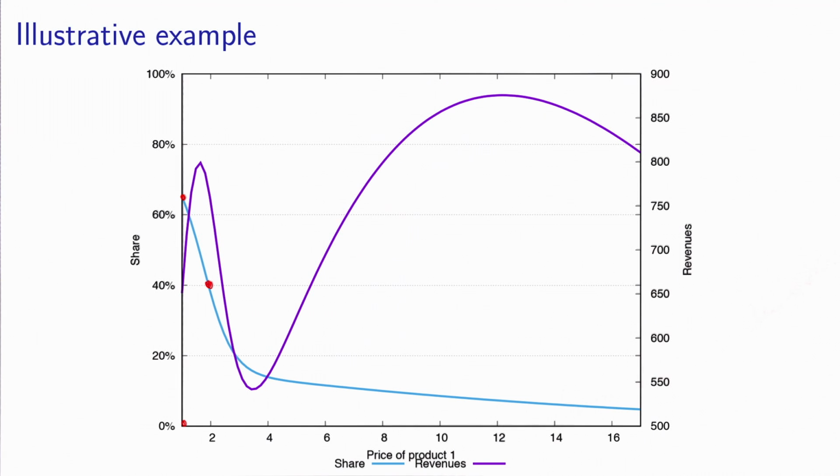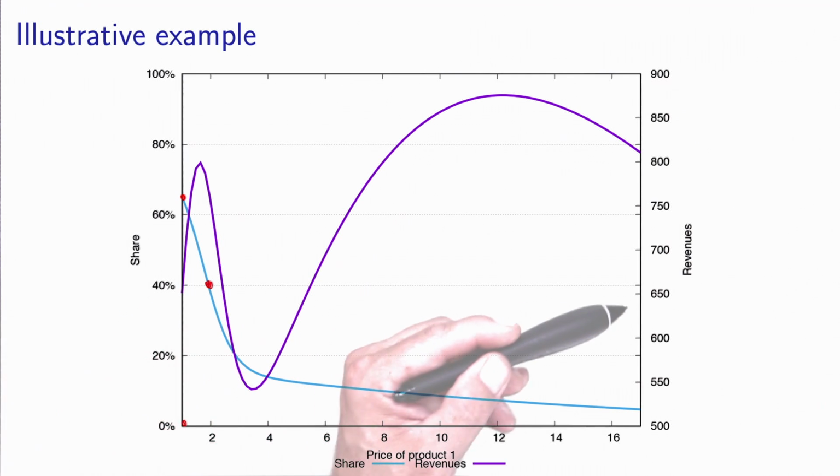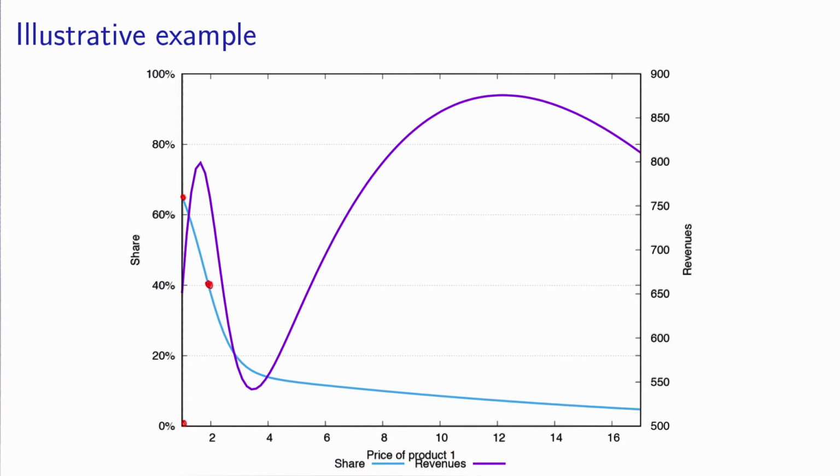The y-axis on the right represents the total revenues generated by each price reported on the x-axis. And you see an interesting phenomenon. If you sell your product at the price of 1, the revenue is about 650 francs, let's say. And then if you increase the price, you will increase your revenue.